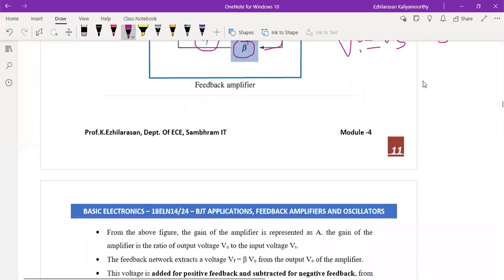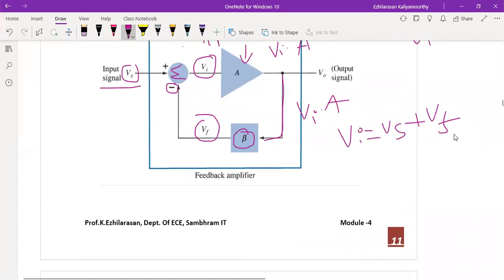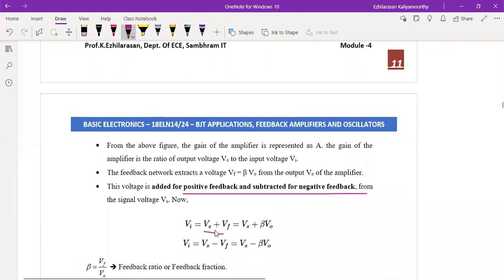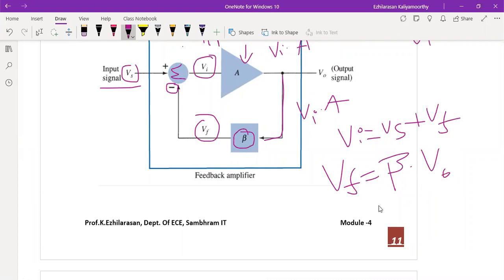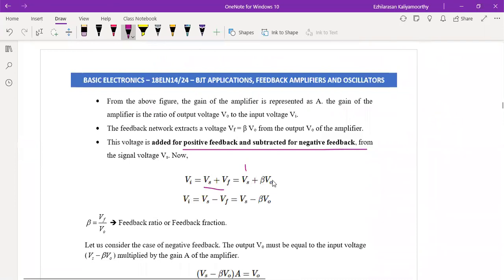So Vi is equal to Vs plus Vf. Vs is Vs only, and Vf is beta into V naught. So we can substitute: Vs plus beta into V naught.